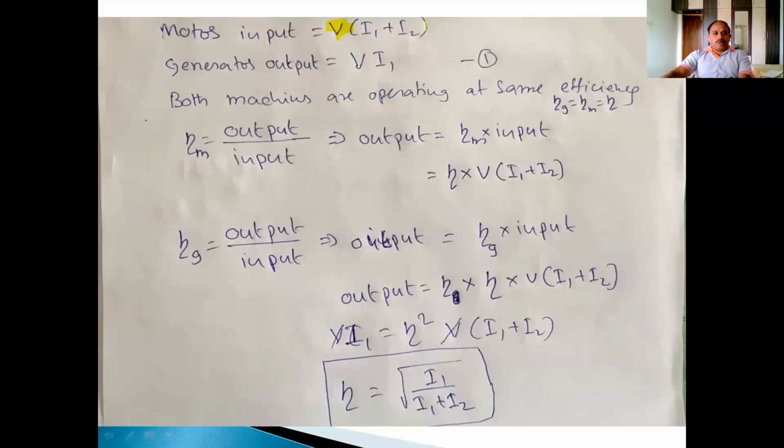The current taken by the motor armature equals I1 plus I2. We know that power equals voltage into current.